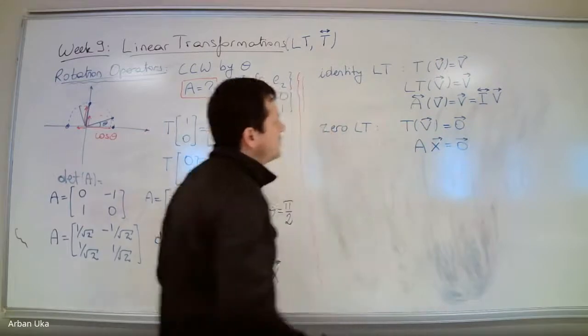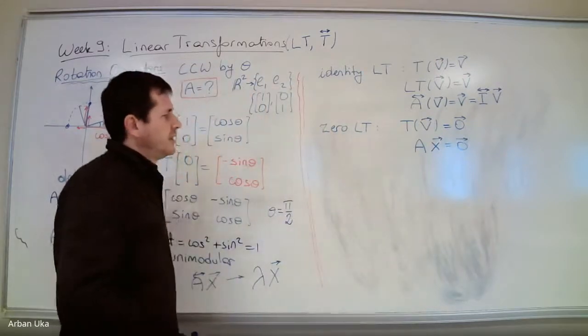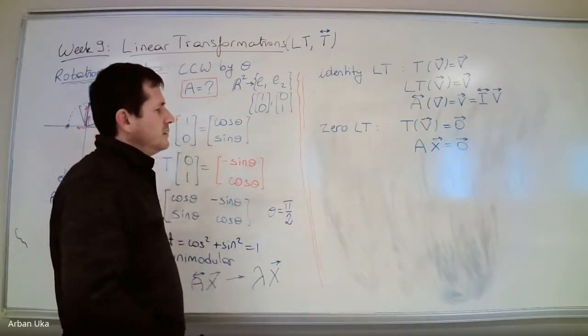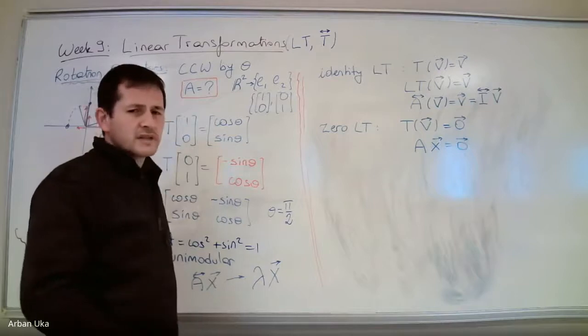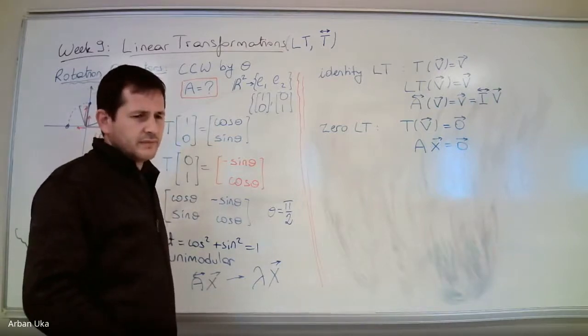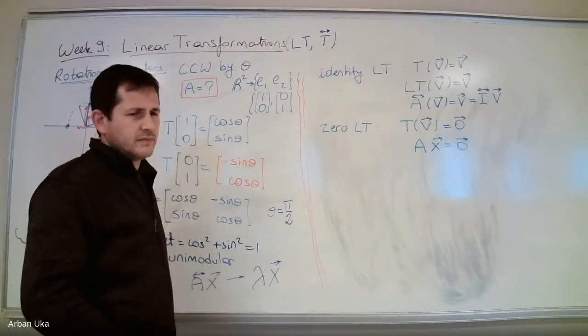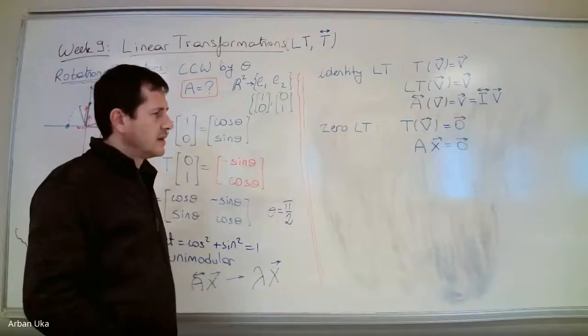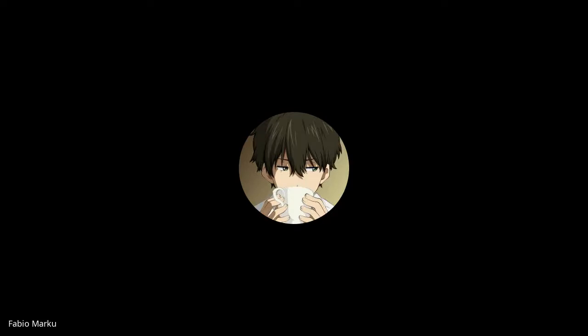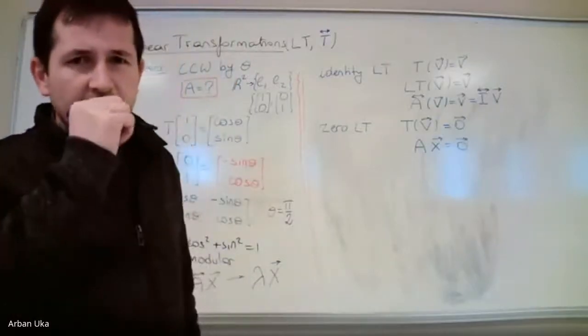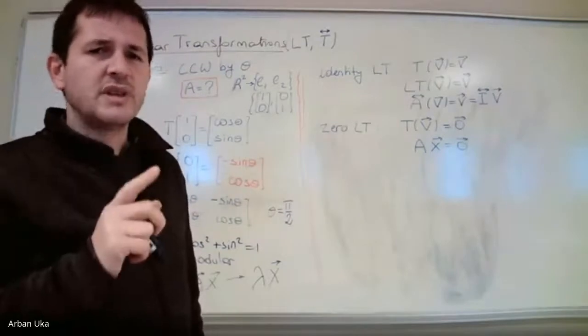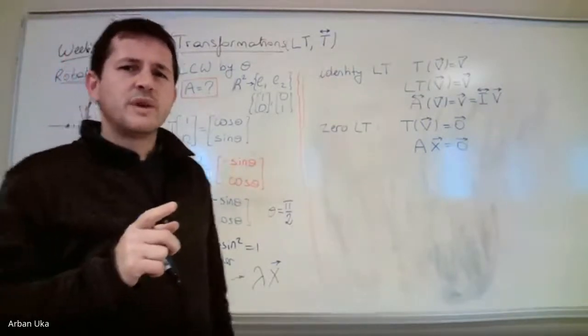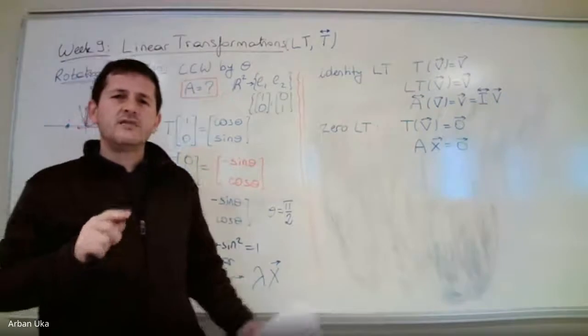And where have we seen this before? What could the X be? Inverse? There should be only one solution. Null space. Null space, this is a better answer. So it's going to be the null space, and we know that the null space might have an infinite number of points.